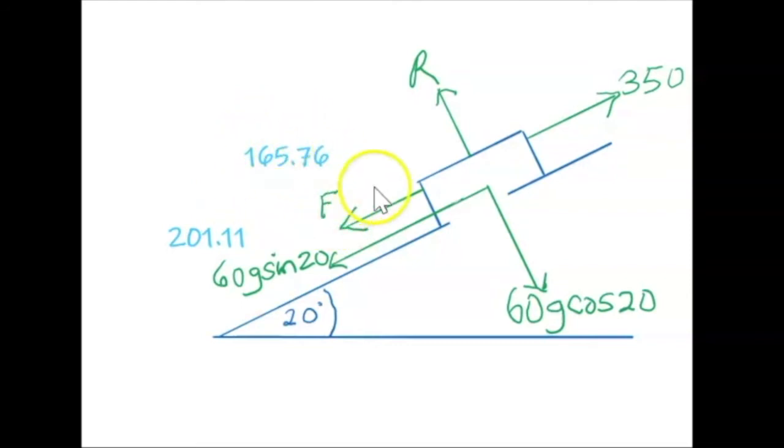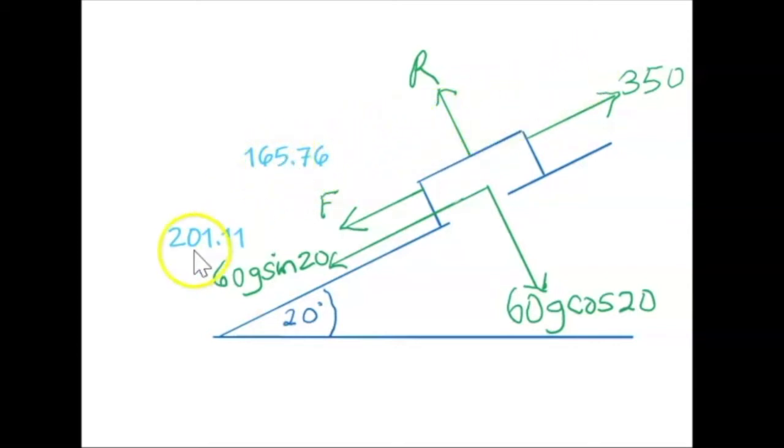So if we look at the situation, there is a force of 350 upwards, there is a force of 201.11 downwards, and there is 165.76 newtons of friction available to try and stop it moving up.